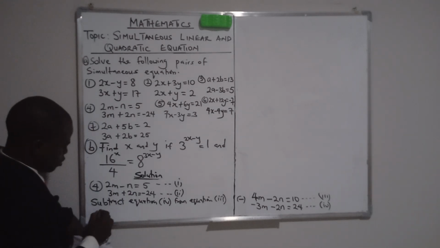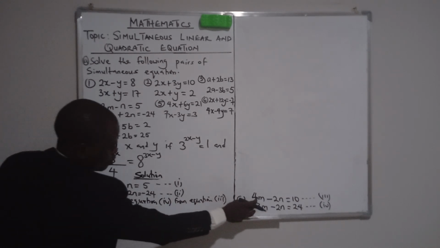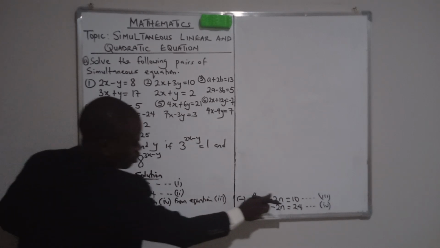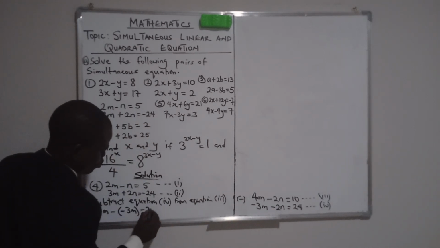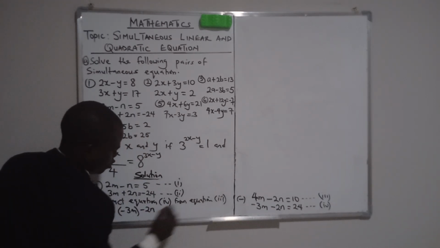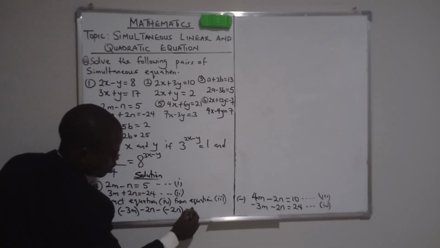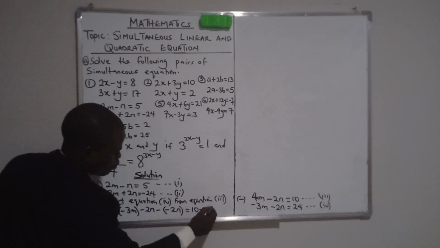When you do that, you're having 4m minus 3m. Come to this, minus 2n minus another minus 2n equals 10 minus 24.